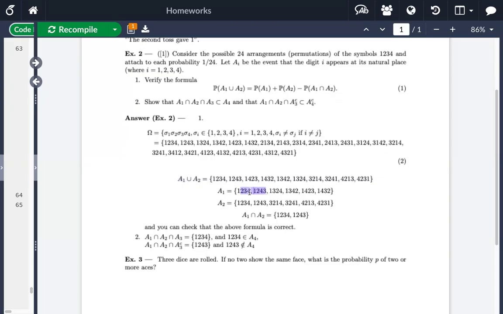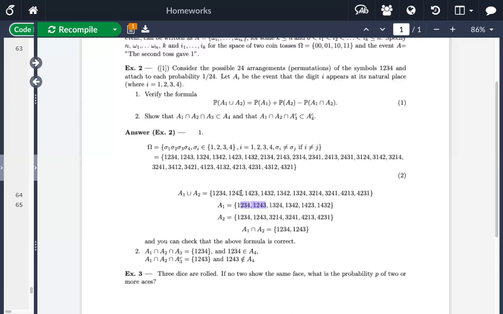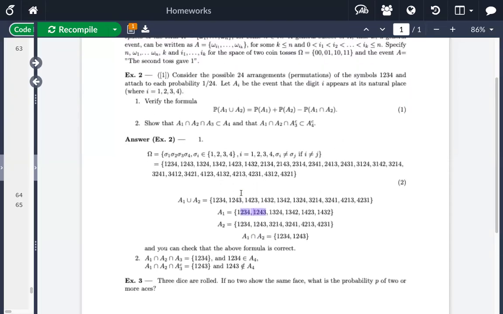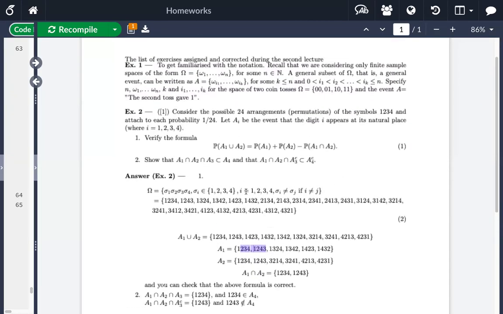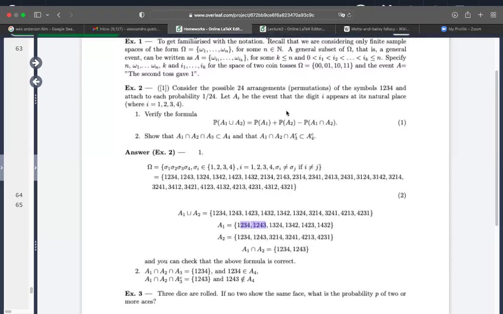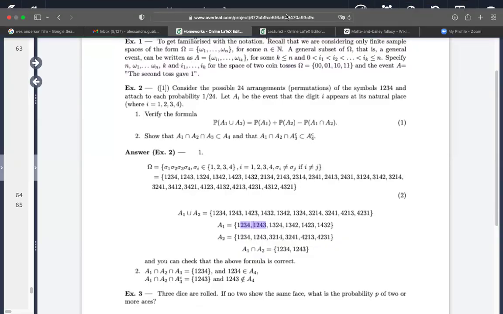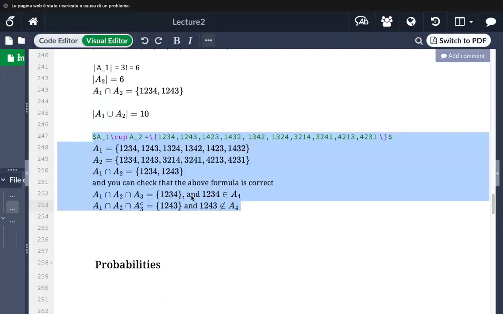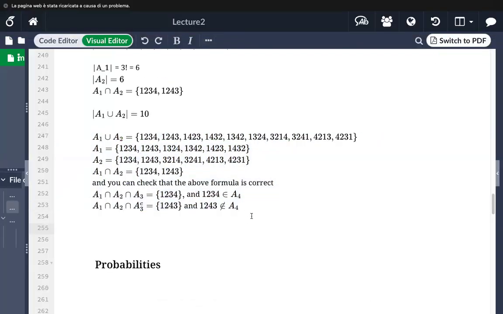So when I merge these two sets, I have to remove 2 of these elements because they are repeated. And so the meaning of the formula that we saw before is that we are subtracting exactly what we are counting twice.